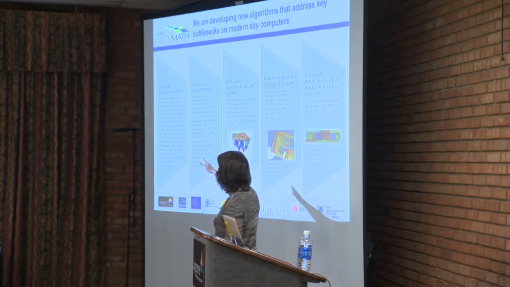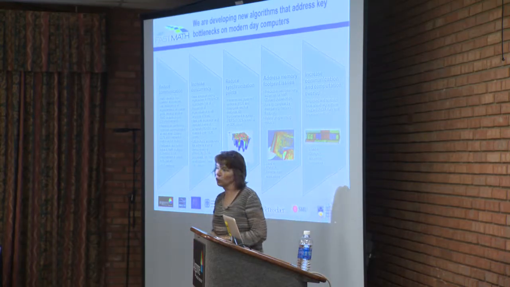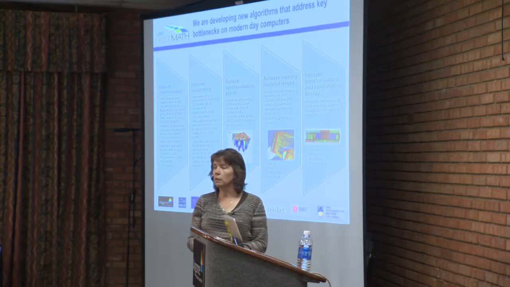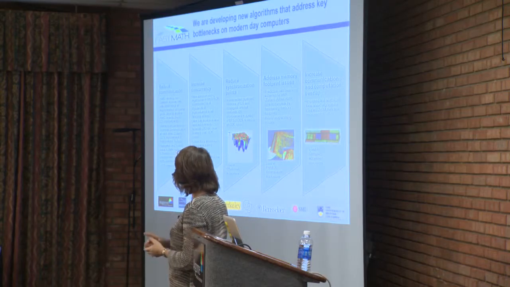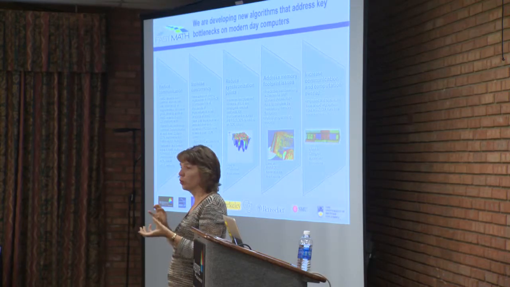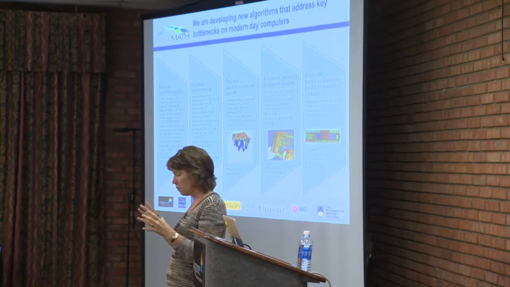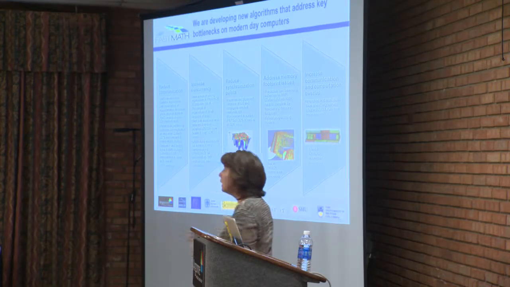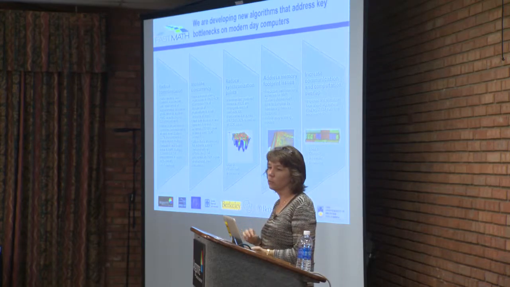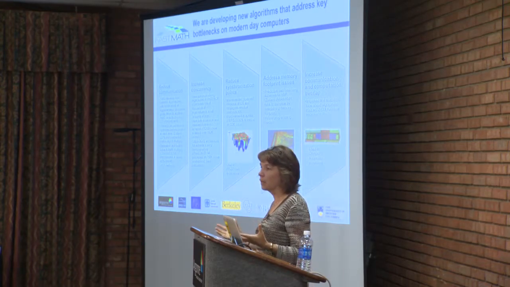So for example, in the area of reducing communication, you heard from Jim Demel, but in algebraic multigrid, for example, there are these Galerkin approaches which are based on a three-way matrix multiplication, so 3 matrices multiplied together. And there are lots of different ways that you can reduce communication in that instance.